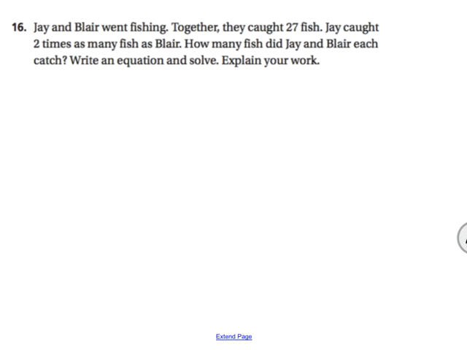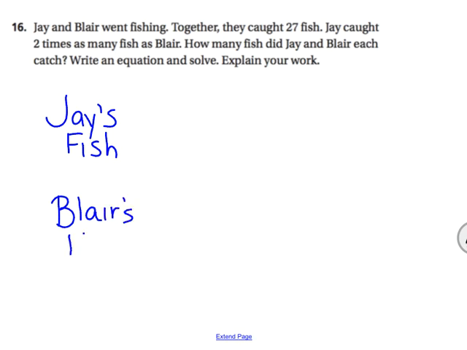So first I asked myself what's being compared, and I could see that they're comparing how many fish Jay caught and Blair. So I'm going to set up my model just with who and what's being compared. So I have Jay's fish and Blair's. Okay.